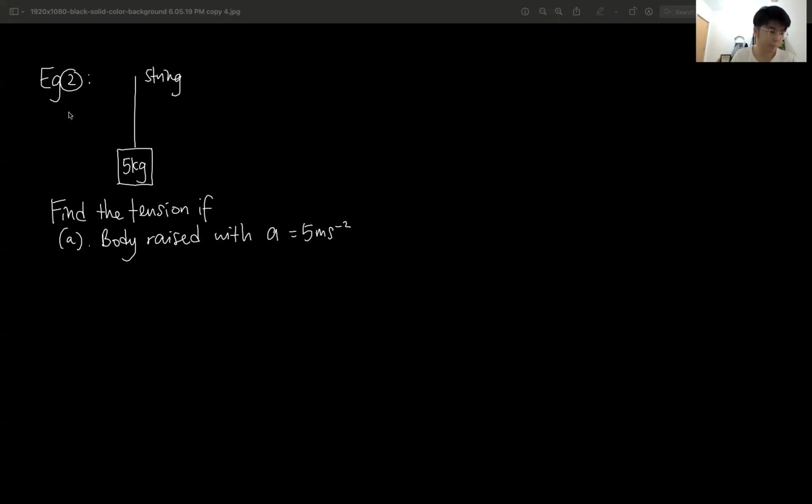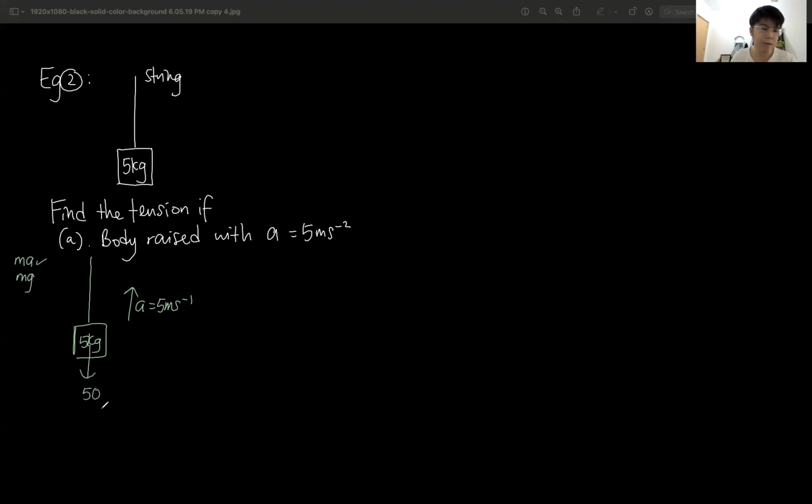Okay, step one. What do we do? Analyze the forces. So we draw the diagram again, and then we look at how many forces are acting on it. Is there ma? Yes, we have acceleration, right? Raised with a of 5, so a is upward 5. After labelling ma, we have mg here.